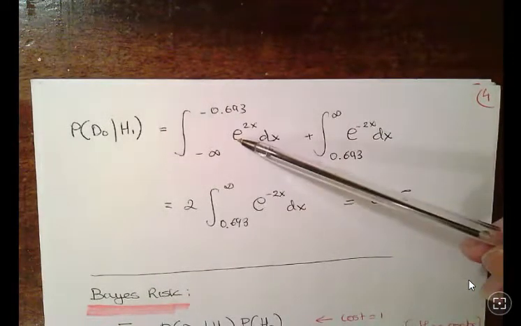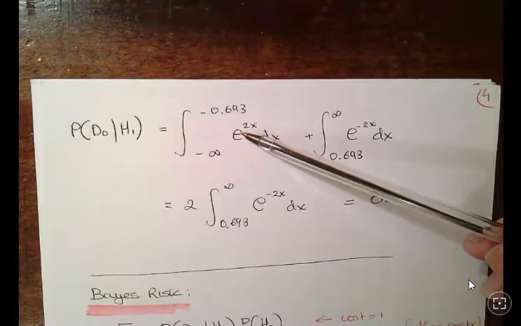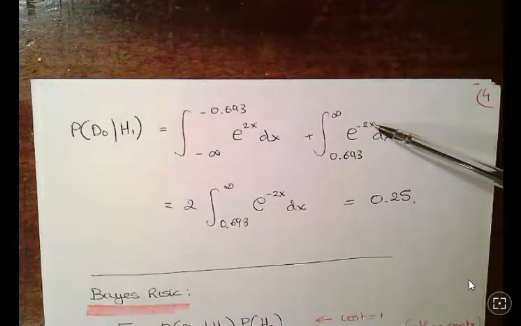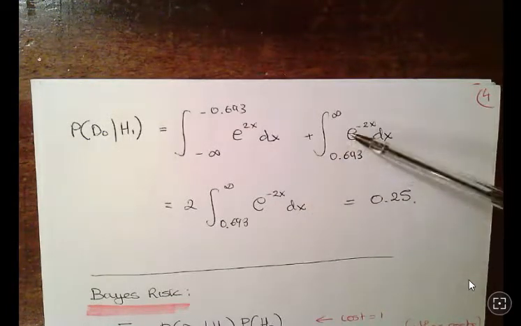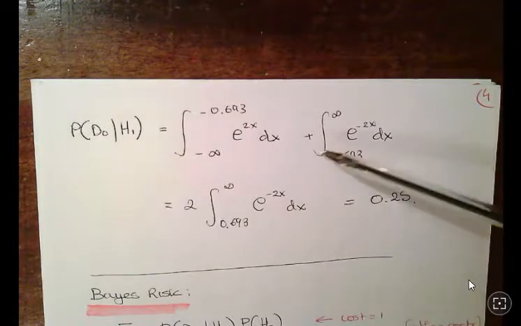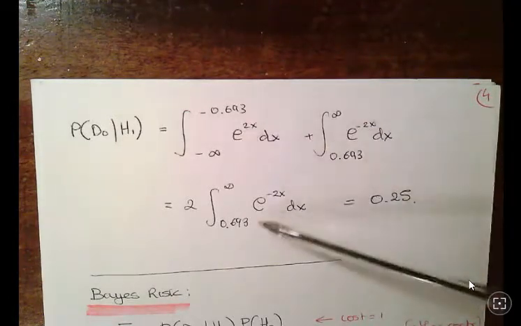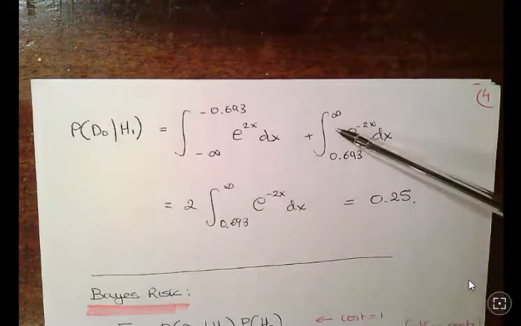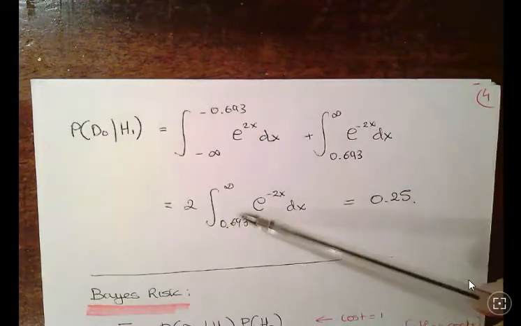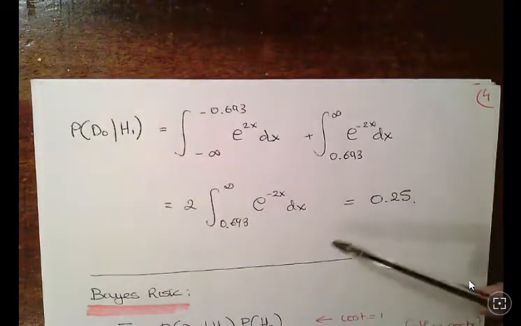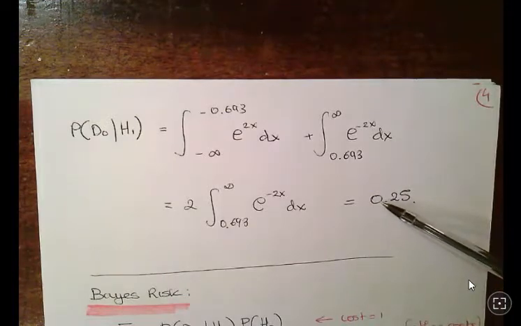So I can rewrite that as e to the 2x, and I can rewrite that as e to the minus 2x. By the same token, they are symmetrical of each other, so I can double up: 2 times the integral from 0.693 to infinity of e to the minus 2x dx. Calculate that out, and I should get 0.25.